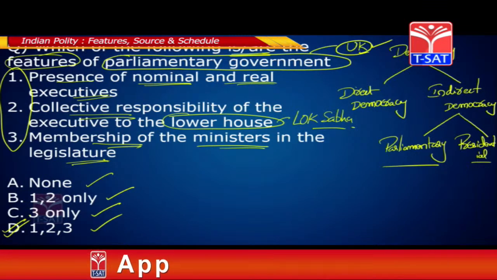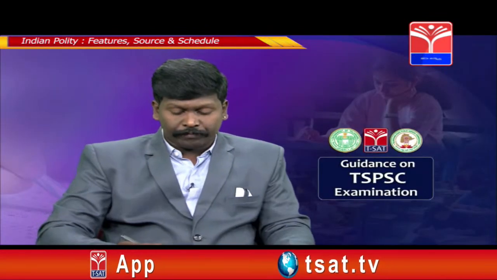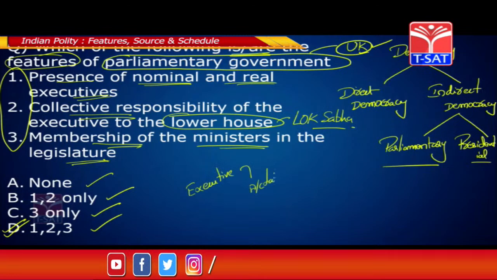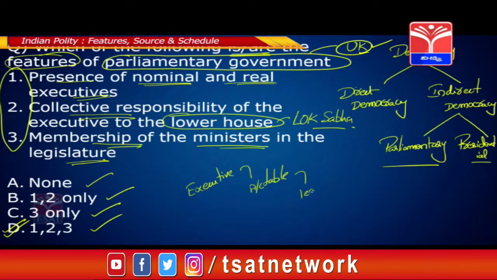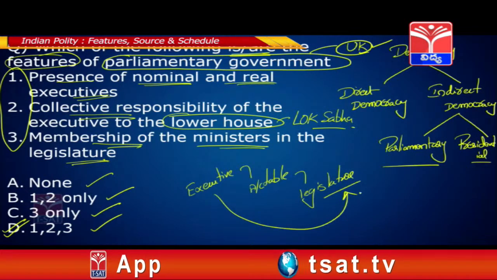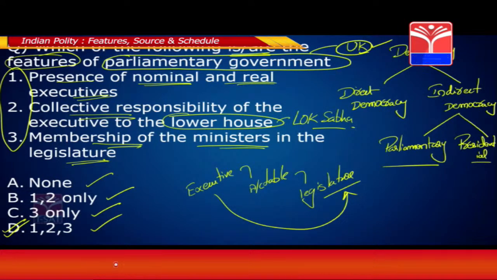All these are the features of parliamentary system. In parliamentary system, the executive is accountable to legislature, and executive is part of the legislature. President is part of the parliament as per article 79.